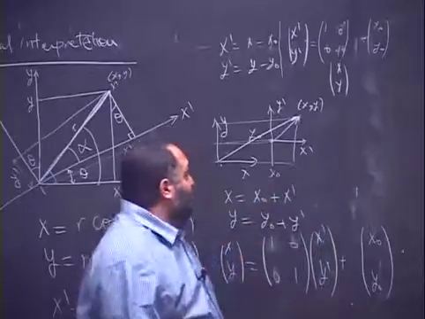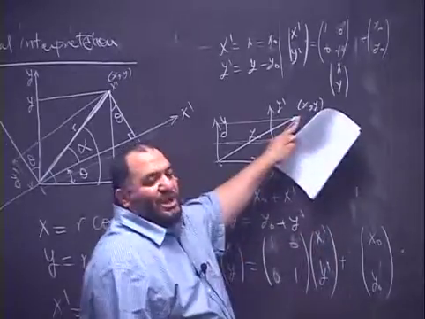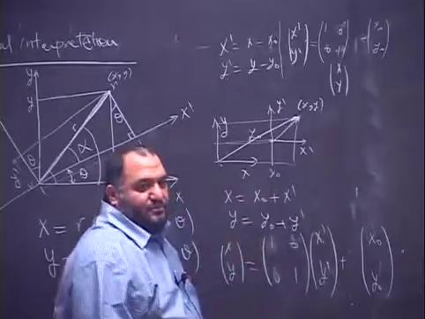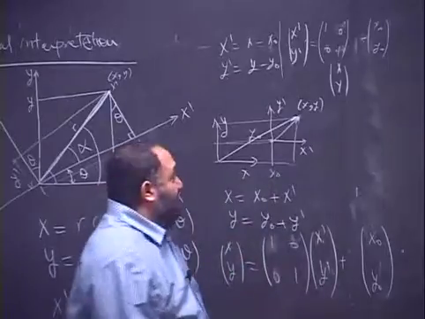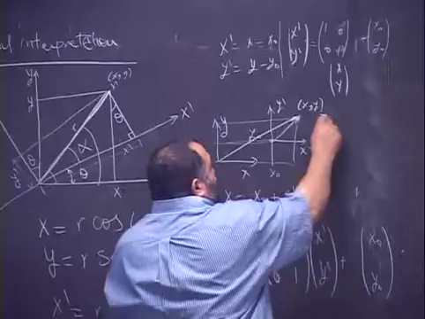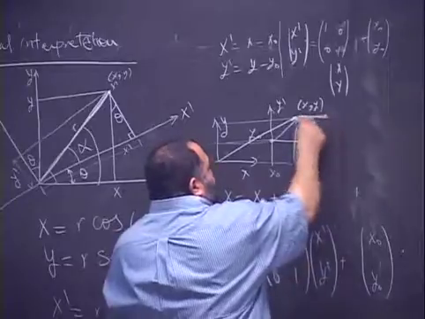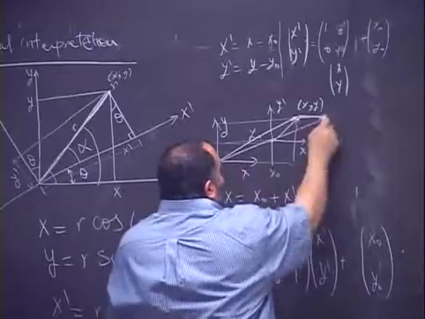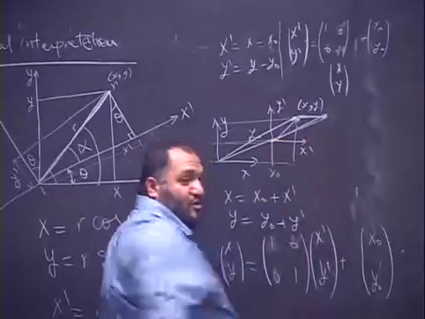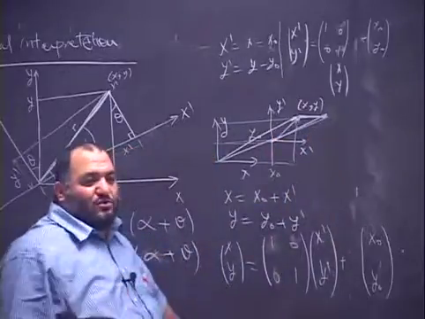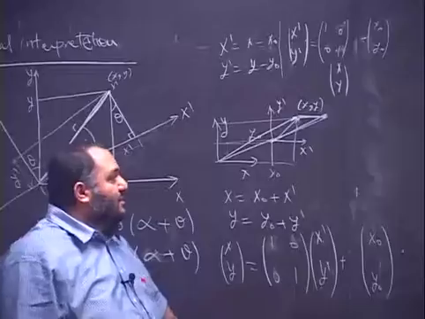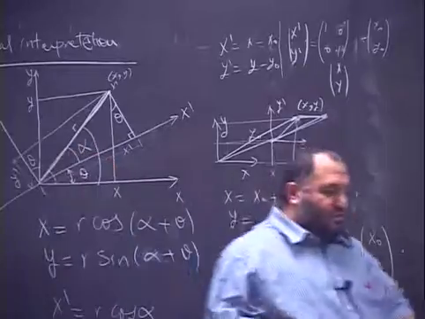It's a location of a point, not a vector. But if you take the difference between two points, this difference will be the same no matter what coordinate change you take. So I will stop here and continue next time.